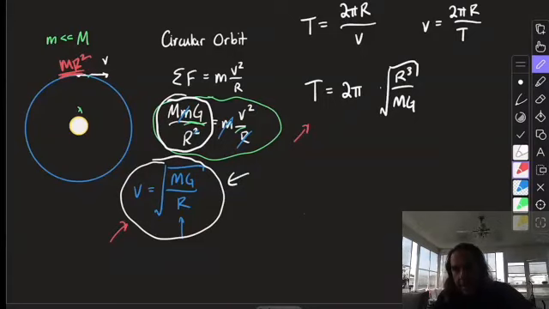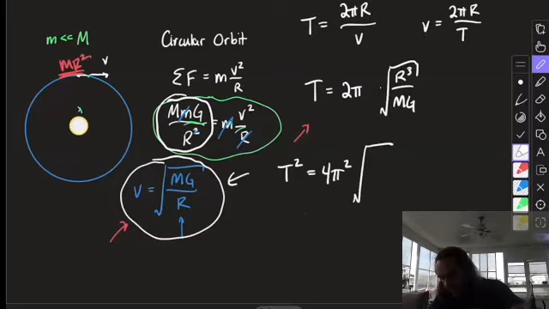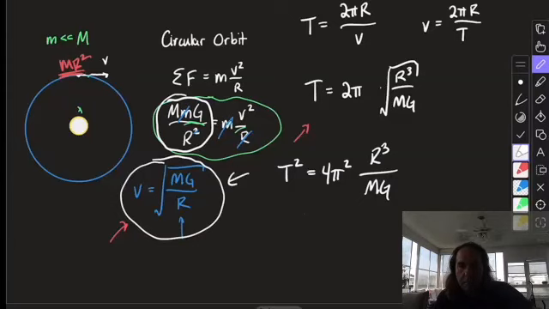If I was writing an AP exam and I wanted to bring in some of the experimental design stuff, I would say a student looks on the internet and finds this equation that describes the period of a planet. So the student looks at data from several different moons and clocks their period.